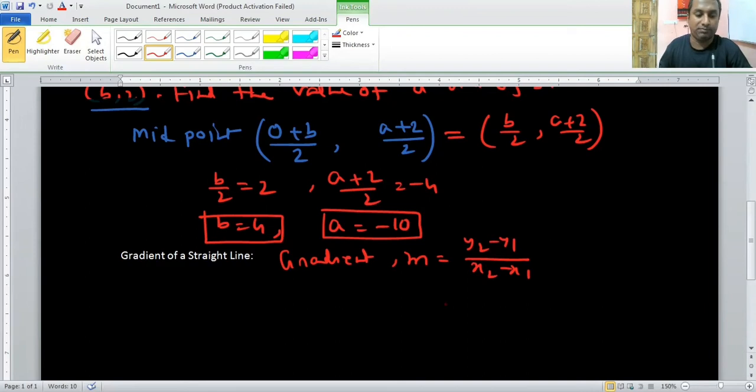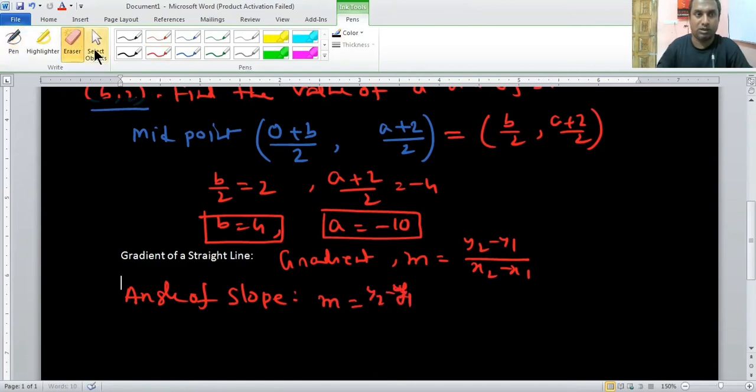To find the angle of slope, we can also use this formula. Angle of slope, that is m equals (y2 minus y1) divided by (x2 minus x1) equals tan theta.